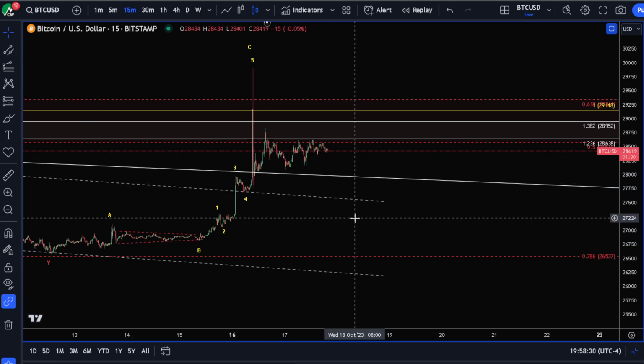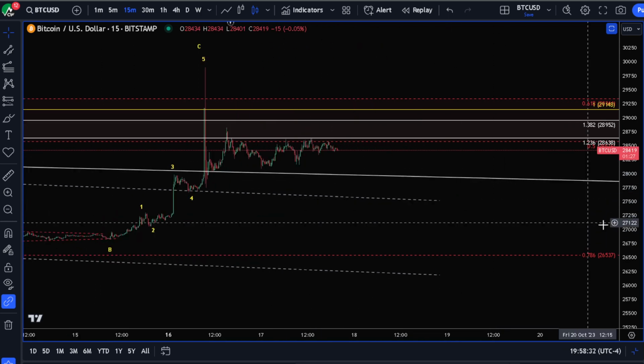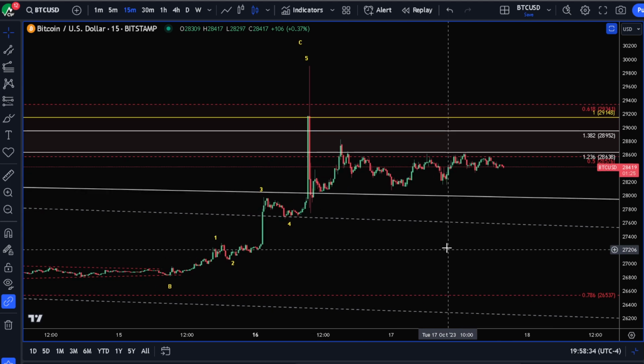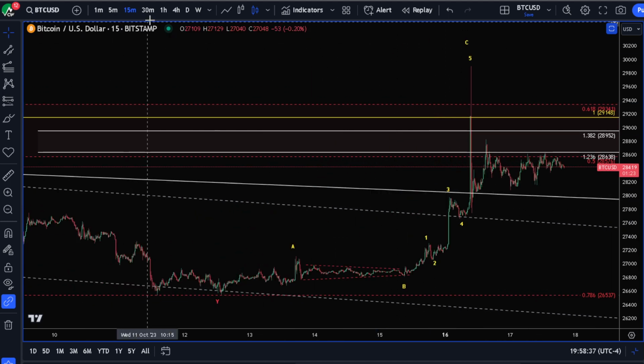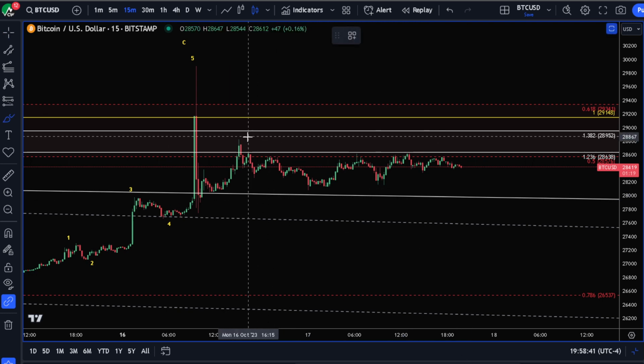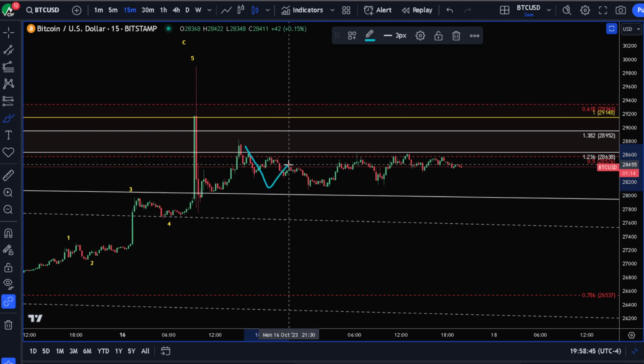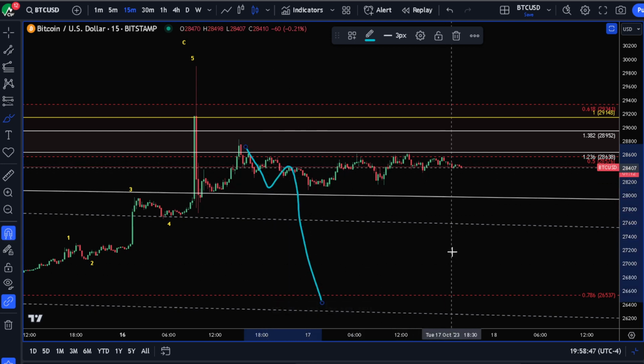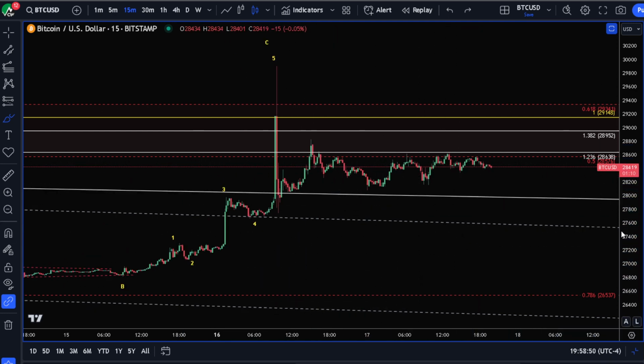If we look at this crazy move from yesterday, it's clearly an impulse to the downside, right? But if we were bearish here, we would have expected a 1-2 here, and we just continue dropping. And clearly, we're just drifting sideways here.